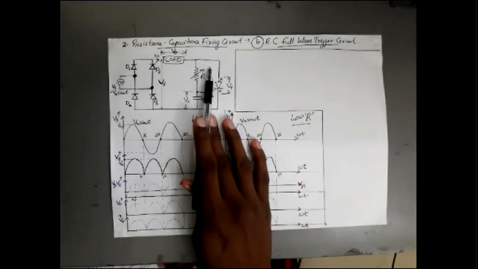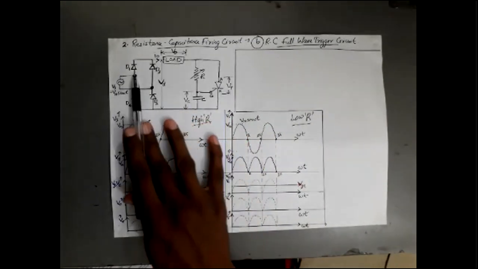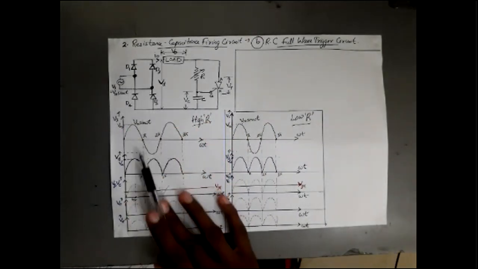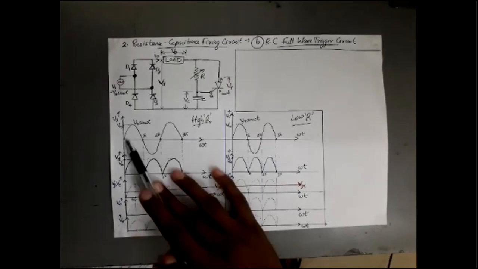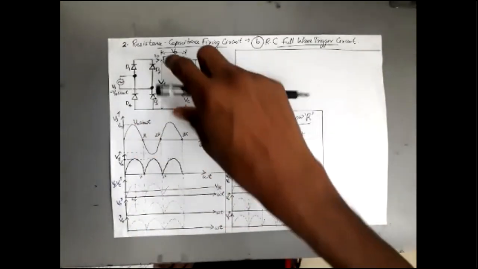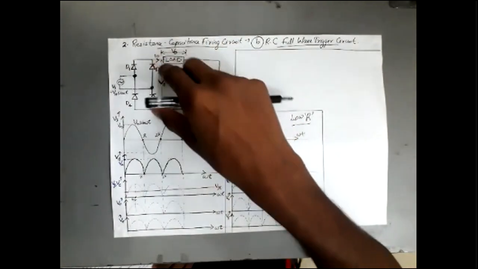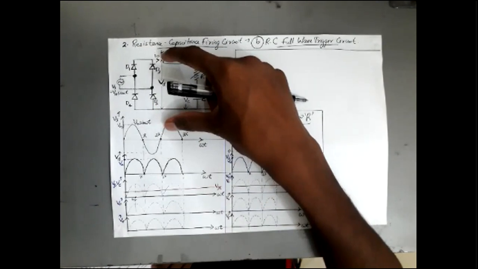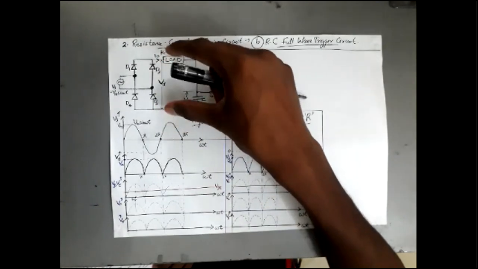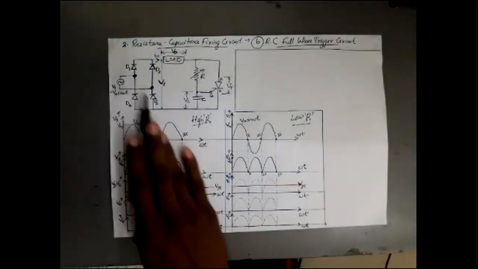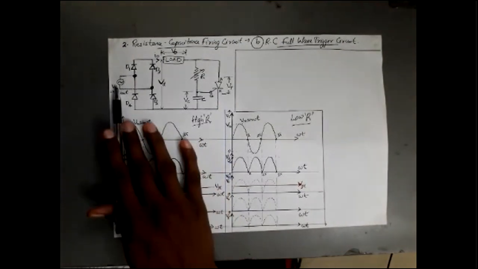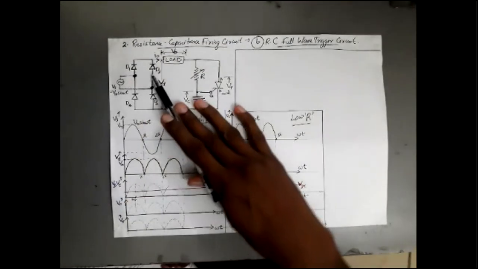And as I said, due to D1 and D2, during the positive half cycle, voltage Vd is appearing across the output. Here, the output of the full wave rectifier is Vd. During the positive half cycle, we have a voltage equal to Vs, due to the conduction of D1 and D2. And during the negative half cycle, what happens? The anode of D3 will be positive.